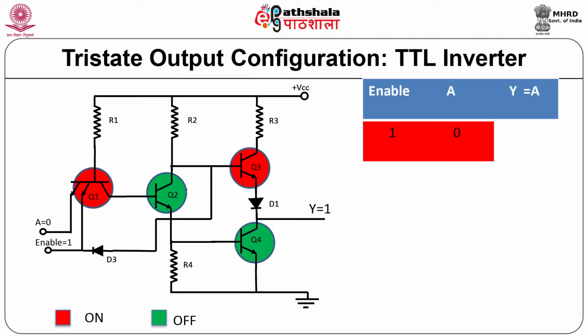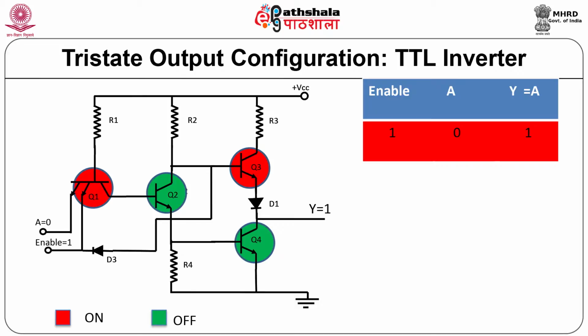This makes the transistor Q3 on and Q4 off. So, the final output Y is logic 1 when input A is logic 0. So, enable equal to 1 really enables the gate to work as a TTL inverter.